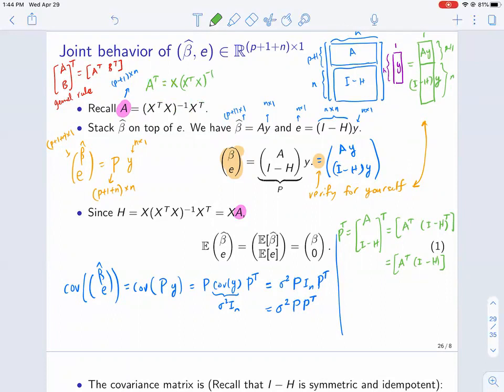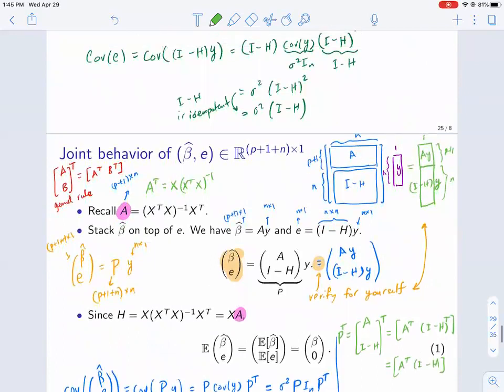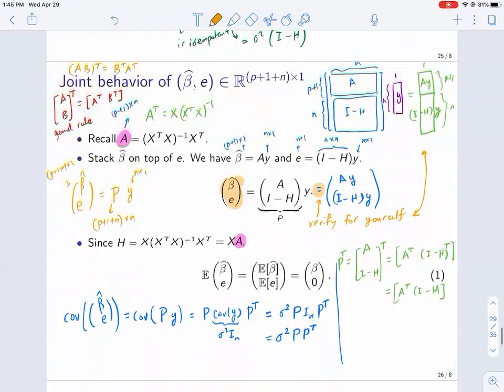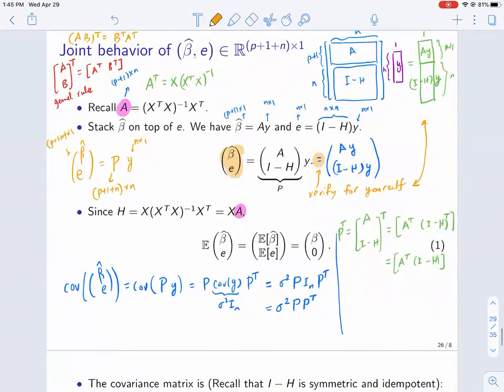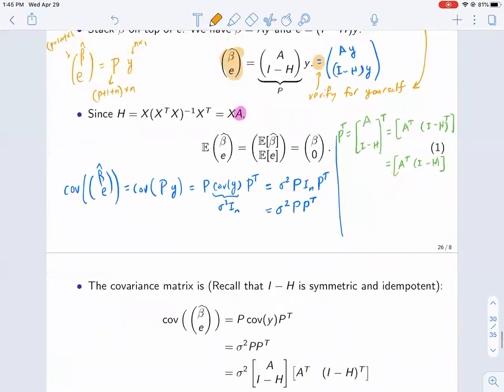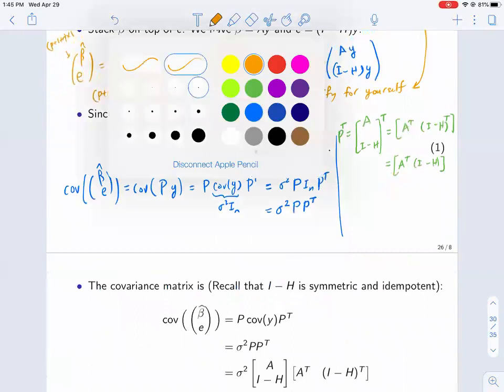Again, remember that these should become second nature by the end of this course. AB transpose is B transpose A transpose. So this is going to be that. So you can see this is not necessarily symmetric, so A transpose is not equal to A. In any case, I have that, and I'm going to just use this.